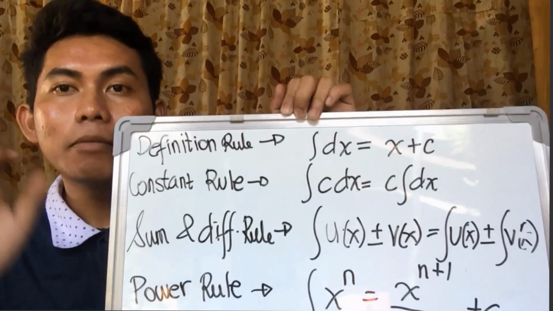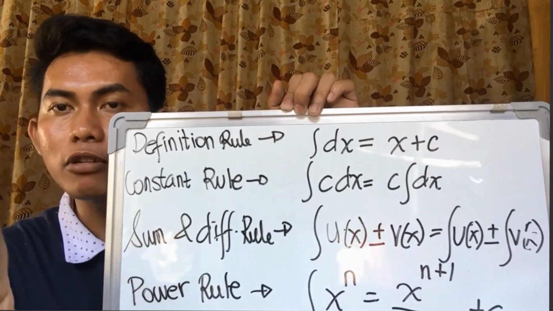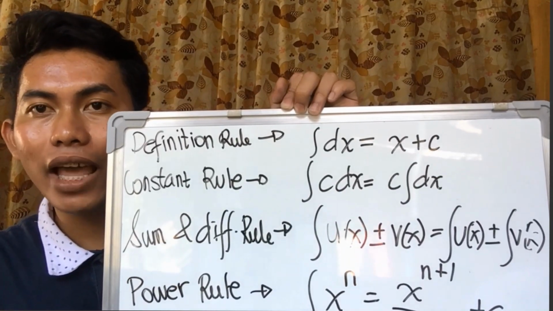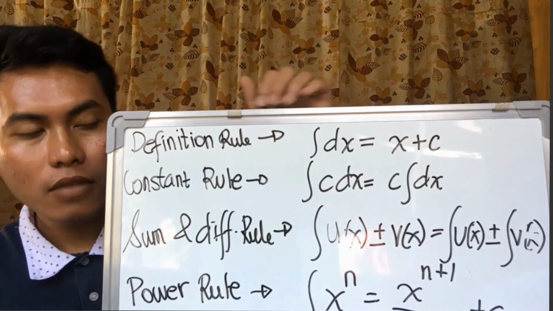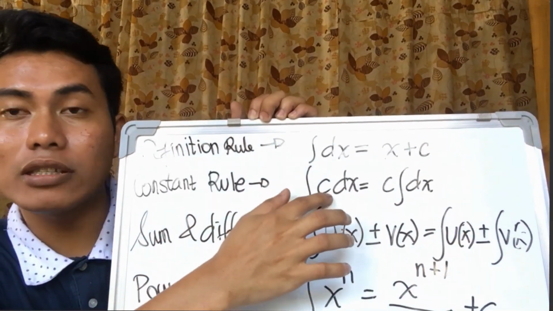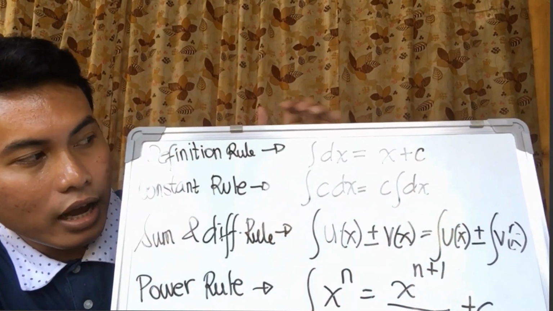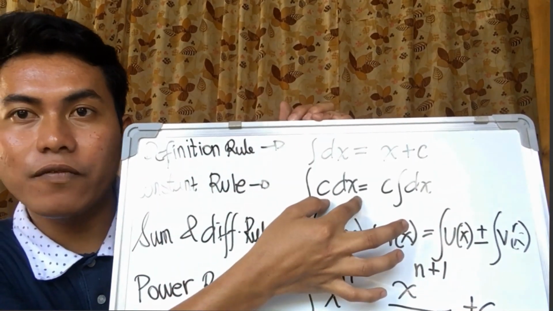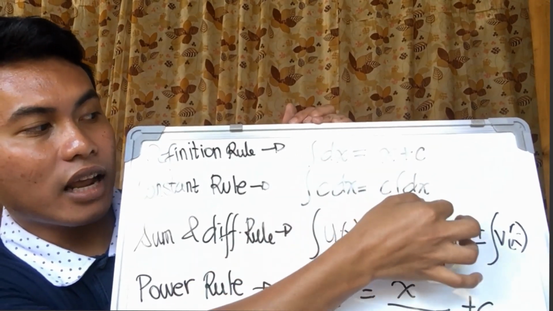In integral, meron talagang plus c always at the end. Huwag kalimutan, sa integral or anti-derivative, always talaga na may plus c at the end. The next rule, we have the constant rule. C means constant. There is a corresponding constant. So the anti-derivative or the integration of the given constant is constant, then derivative nito.